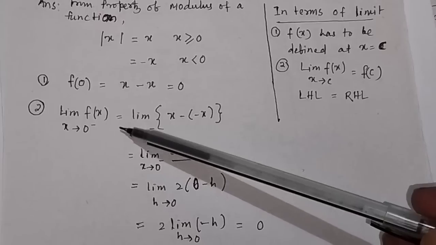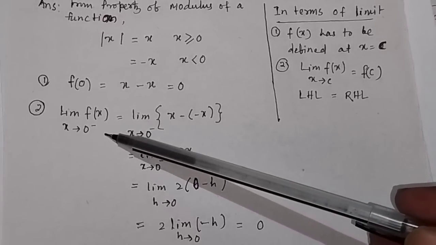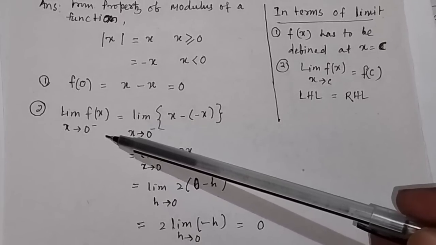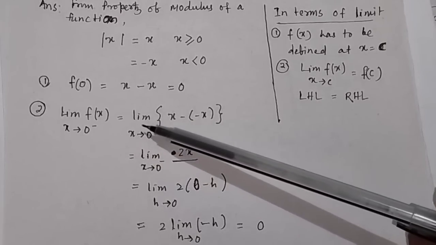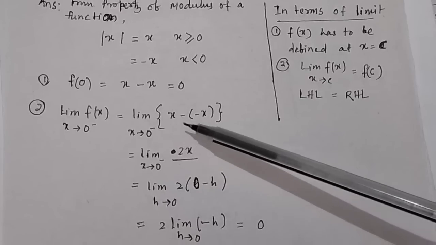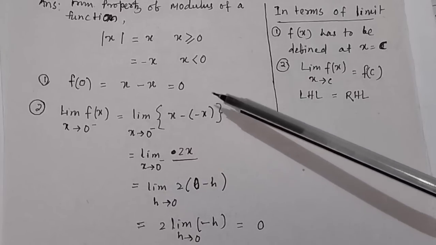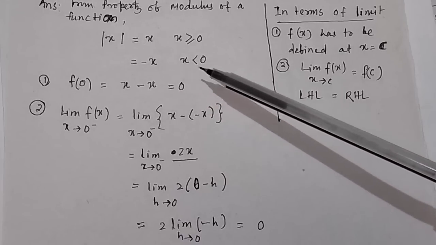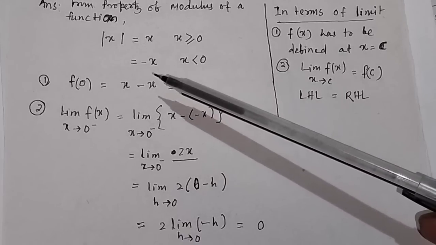So for the left hand limit, limit of f(x) as x approaches 0 minus, because to the left of 0 means 0 minus, that is equal to limit of x minus modulus of x. Modulus of x here, with x less than 0, is minus x.